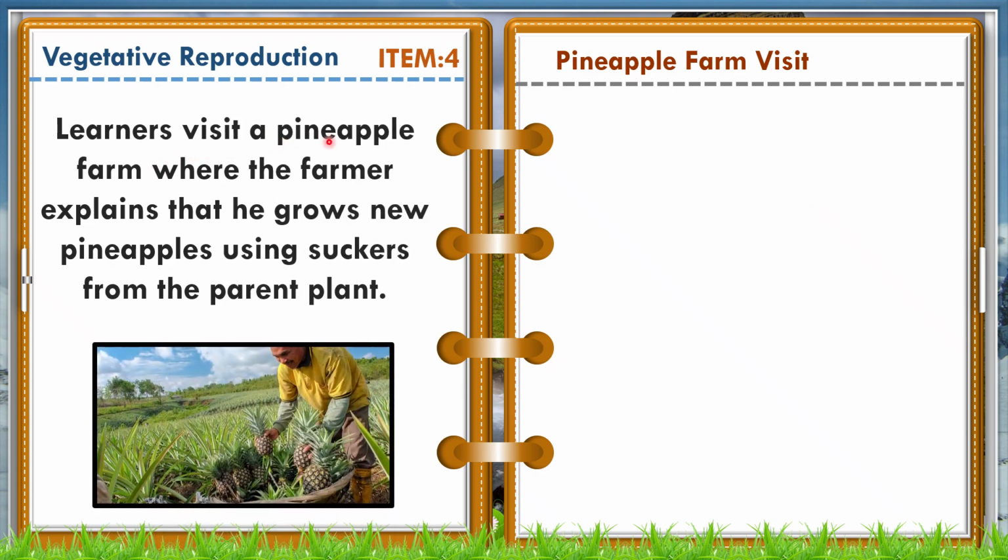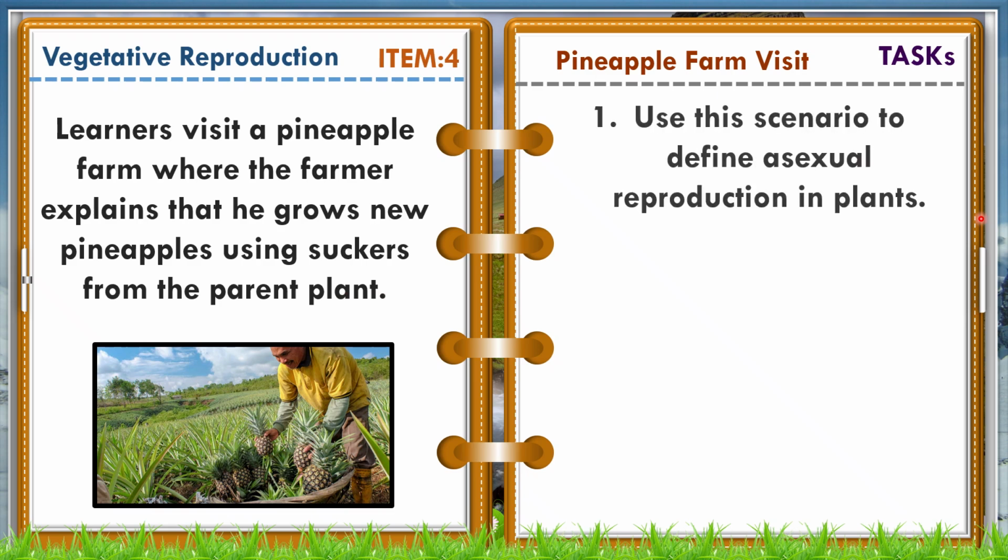Learners visit a pineapple farm where the farmer explains that he grows new pineapples using suckers from the parent plant. Task: use this scenario to define asexual reproduction in plants.